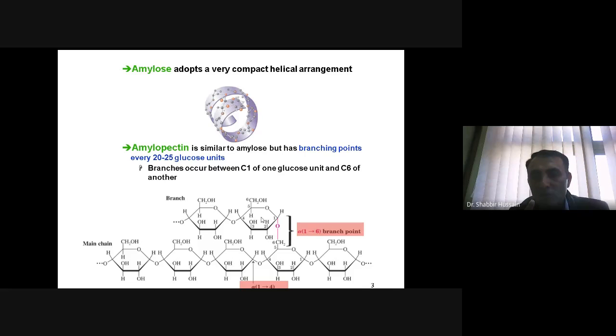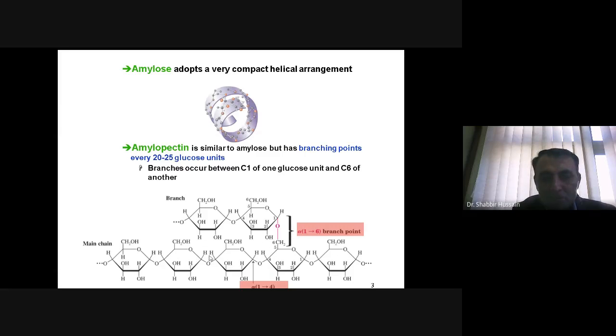Amylopectin is similar to amylose but has branching points after every 20 to 25 glucose units, right? Like this one, you see after 20 to 25 units there is a branch like this one, through alpha-1,6 glycosidic linkage, right? So this is the main chain and this is the branch, right?